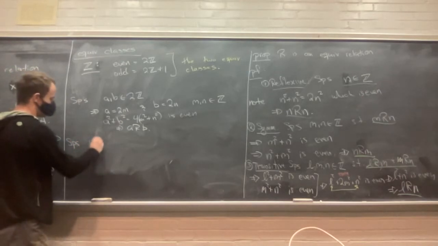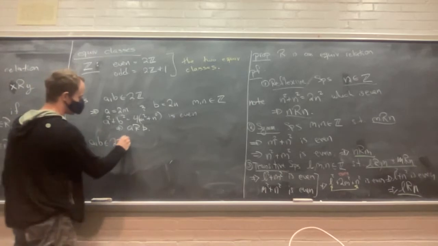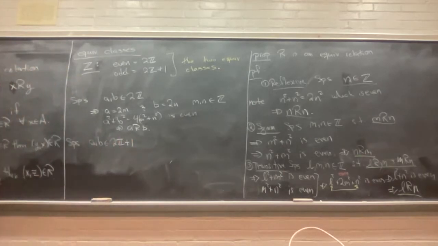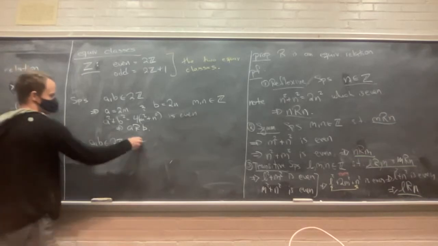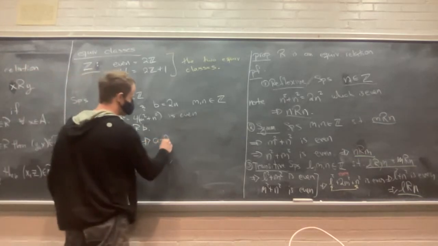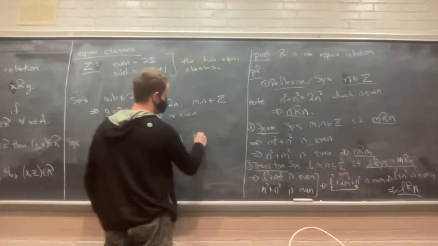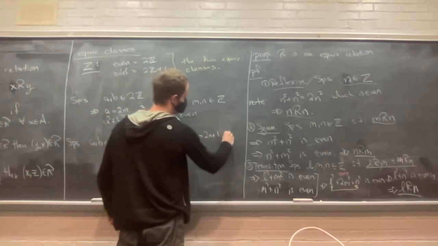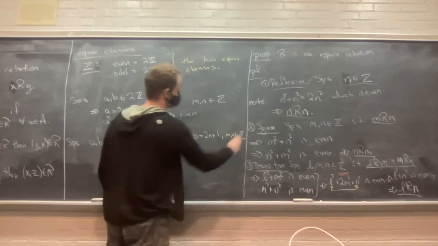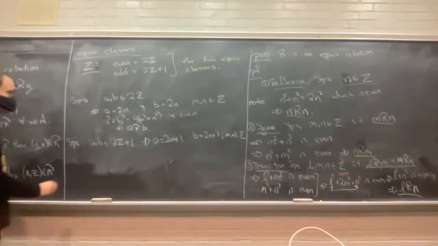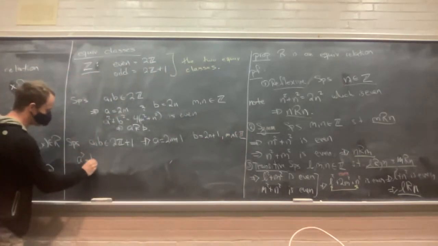Now let's suppose that A, B is in 2Z plus 1. And now we want to show that these are related. So this tells us that A is equal to 2M plus 1 and B is equal to 2N plus 1 for M and N in Z. And now we look at A squared plus B squared.